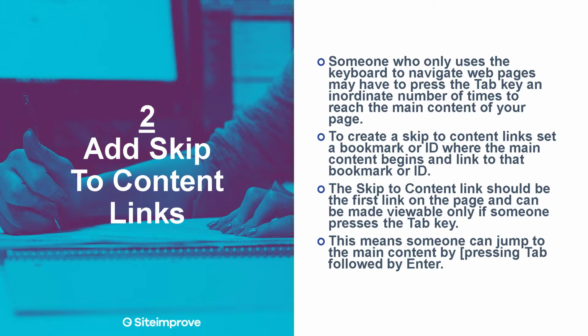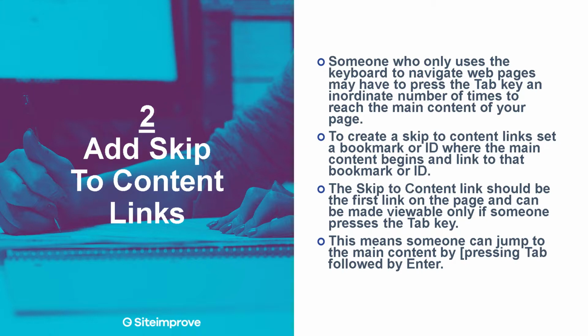You put it at the top of the page. You make it focusable only if the person presses the tab key. So that if somebody who can't use a mouse hits your page, they press the tab key, there's the skip to content link, they press enter, and they're already at your main content. It can save 20, 30, 40, 50 presses of the tab key, and it's so important.